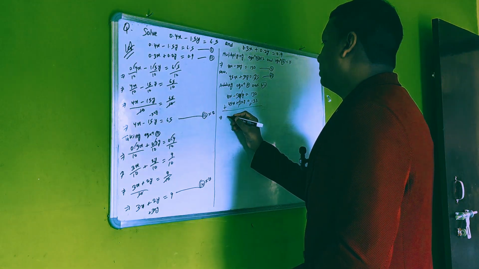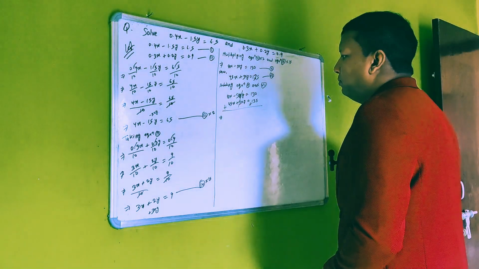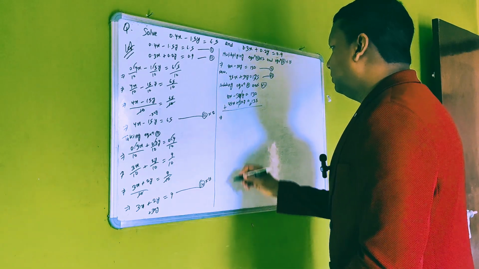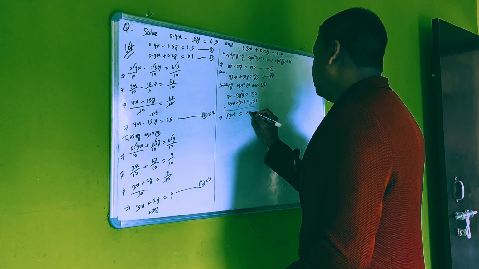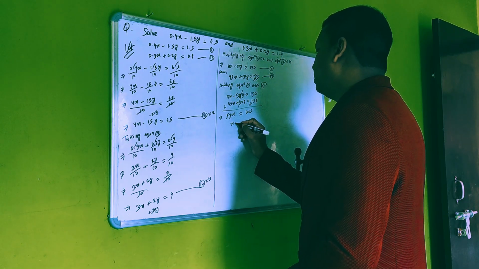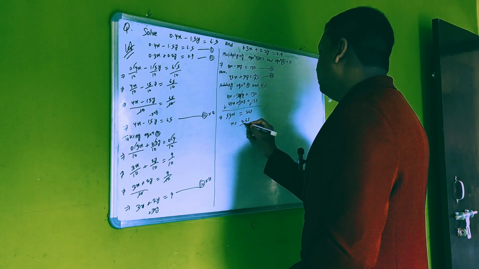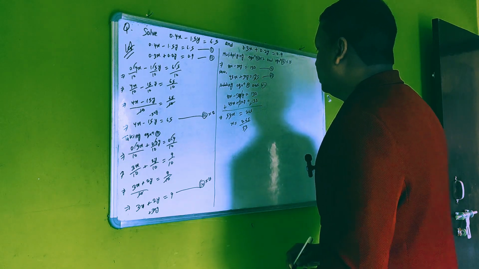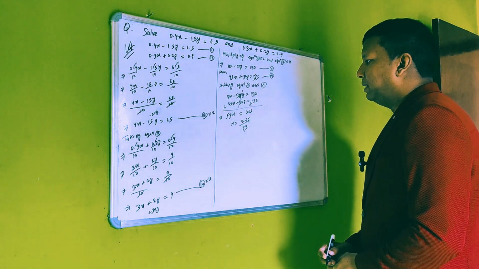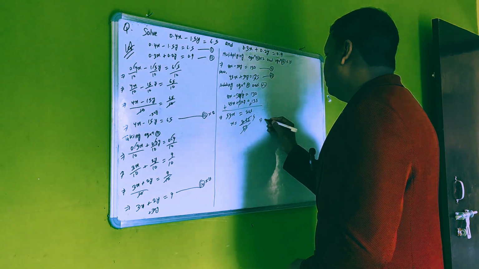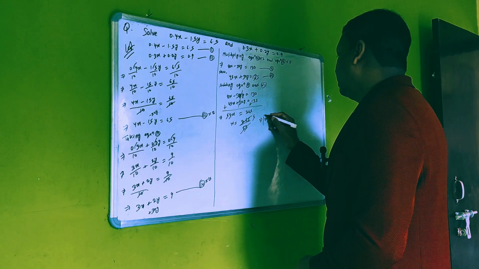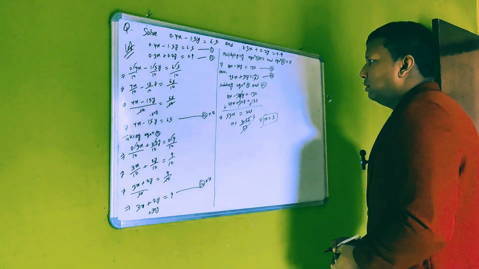Now 45 plus 8 is 53, and 130 plus 135 is 265, so x equals 265 by 53. This cancels by 5 times, so the x value is 5.